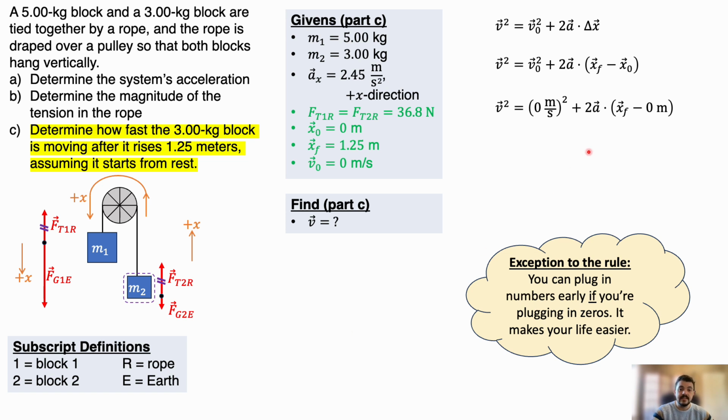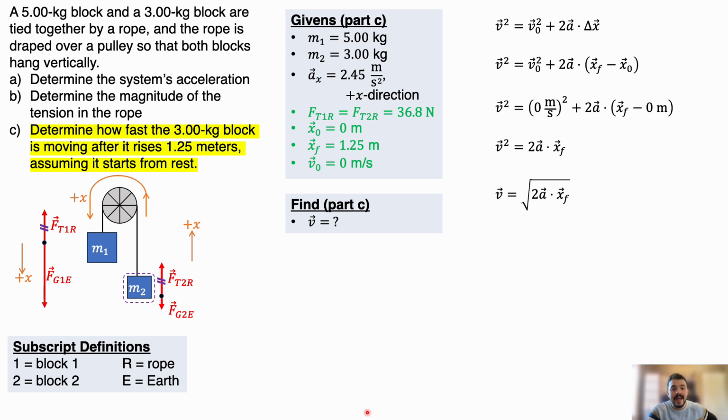And so when I take 0 and square it, I'm left with 0, and this whole term goes away. And then when I take final position minus 0, this is going to be final position in the end. So this equation reduces down to v squared equals twice the acceleration times the final position. I can now go ahead and I'm almost there. I've got v squared by itself. If I want v by itself, I just got to take the square root.